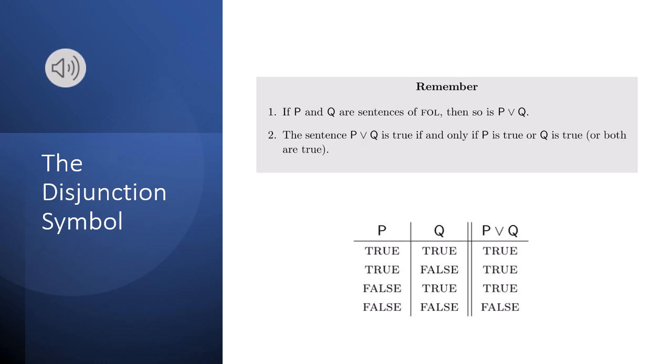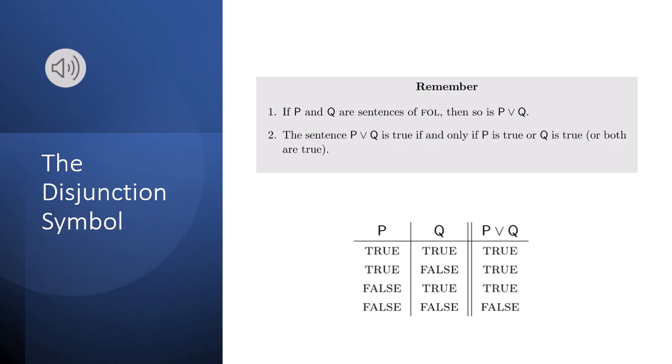Our final connective from this module will be the disjunction symbol, represented with this V-looking symbol there, which I'll call the disjunction symbol. And again, it's a recursive definition.